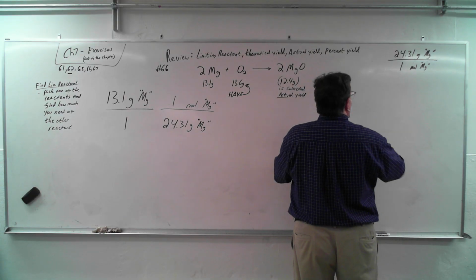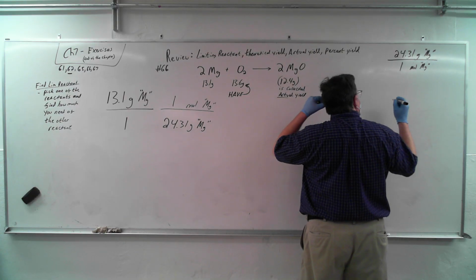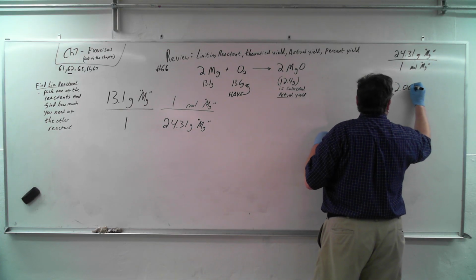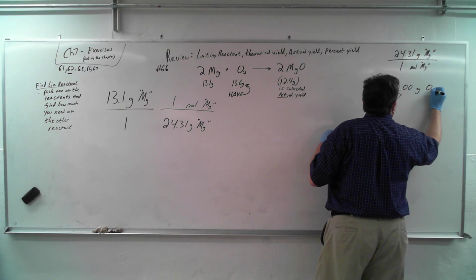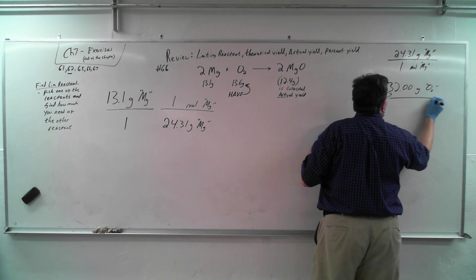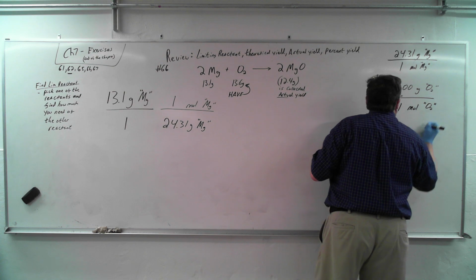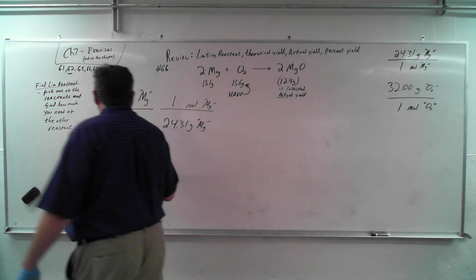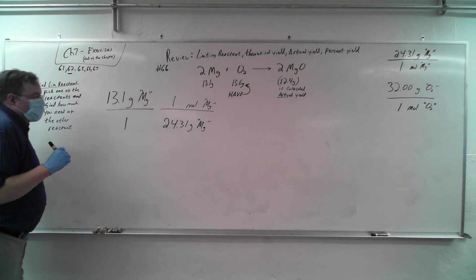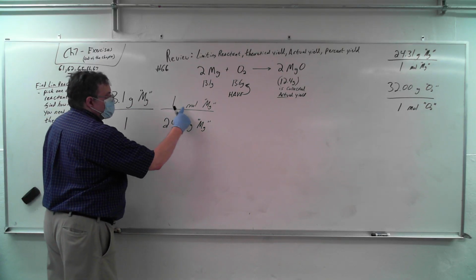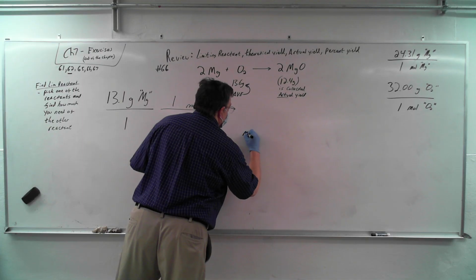So that's the grams per mole for the Mg. Oxygen is 16, that means O2 is going to be 32. So we're going to need that too. All right, 24.31. So grams of Mg, moles of Mg.